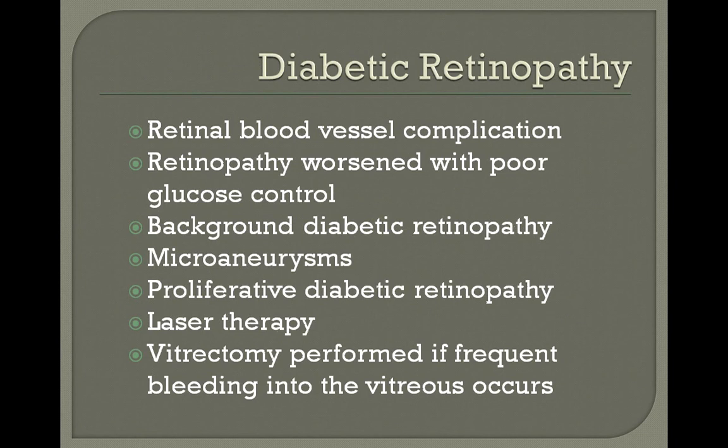The reason diabetes causes retinopathy, when you learned about diabetes, you learned that diabetes can cause macrovascular changes and microvascular changes. And so the eye is the place where diabetes causes a microvascular change, because these are small vessels.